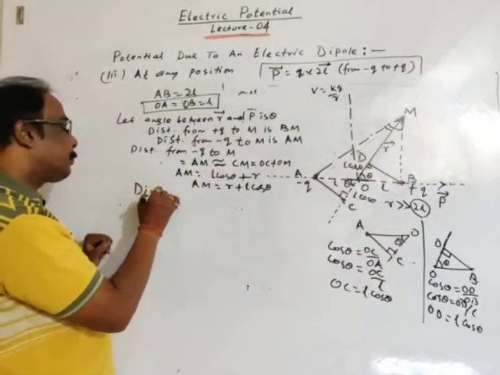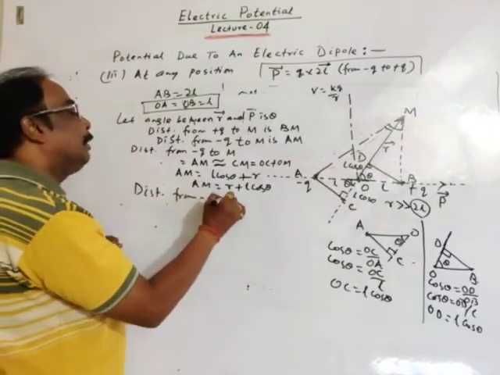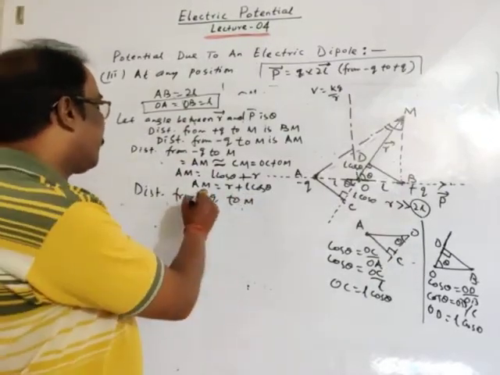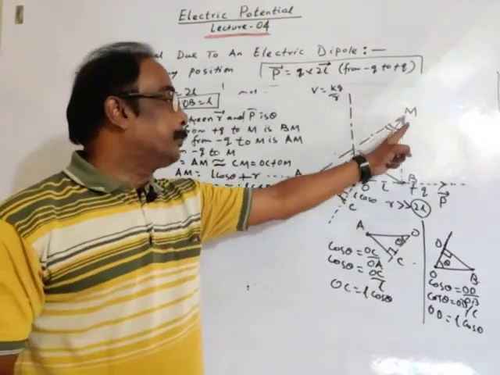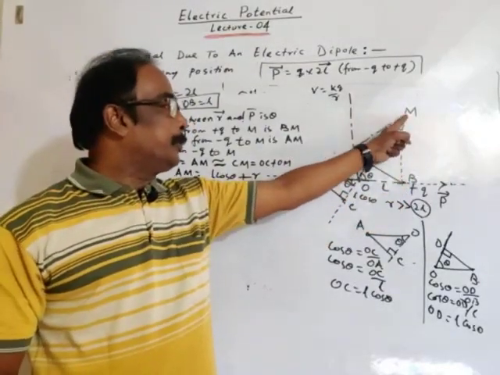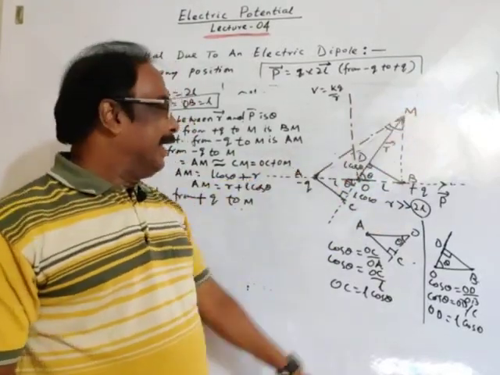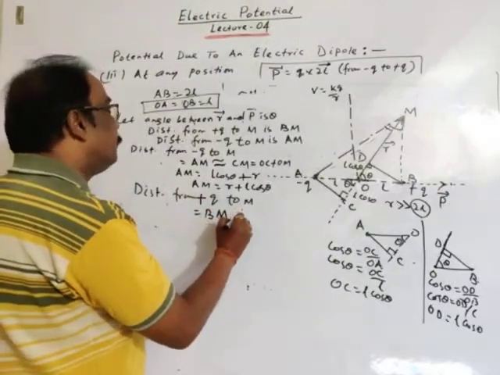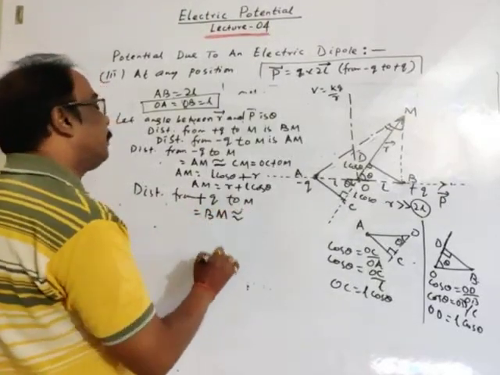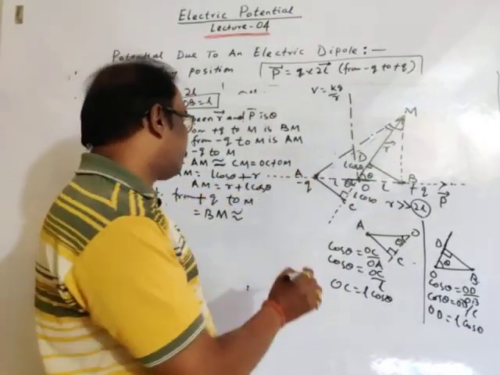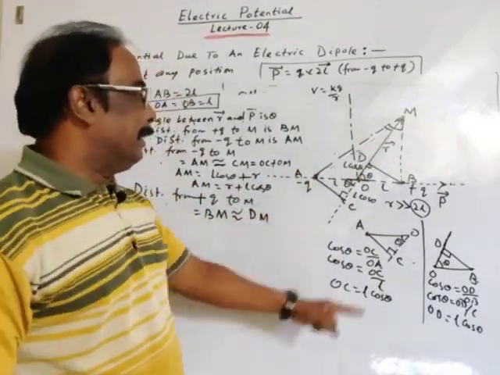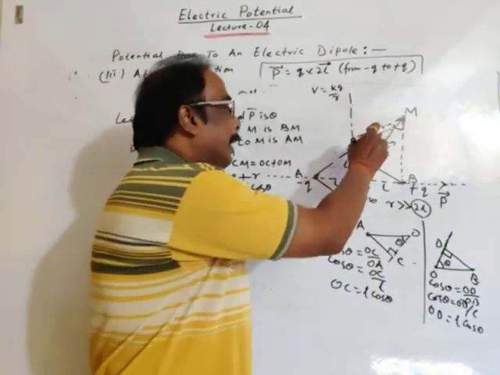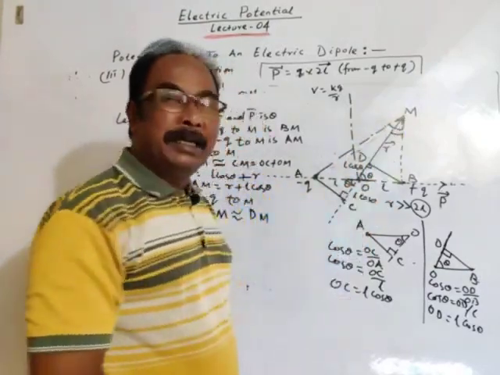Similarly, distance from plus Q to M is BM. This is approximately equal to DM. See, if we consider this triangle BDM, again this angle is considered to be very small.